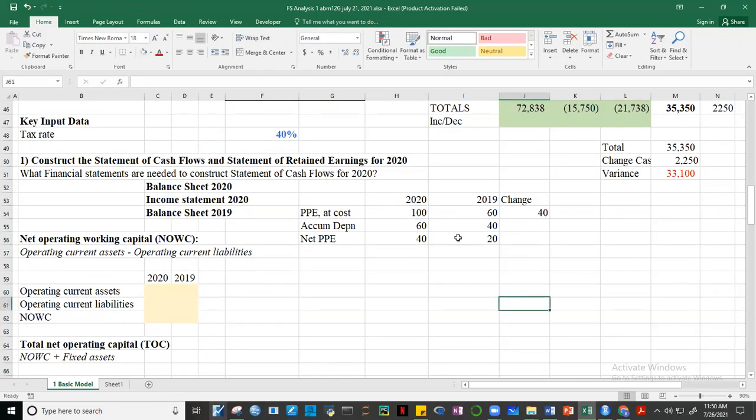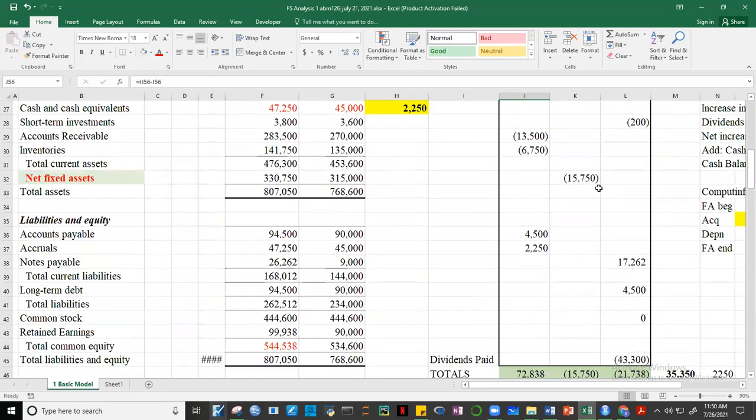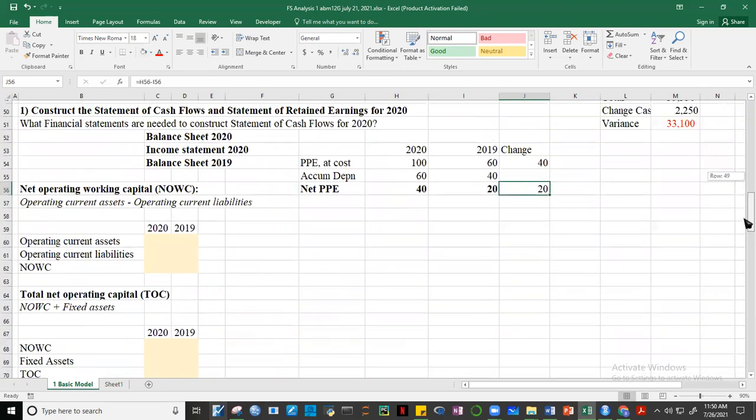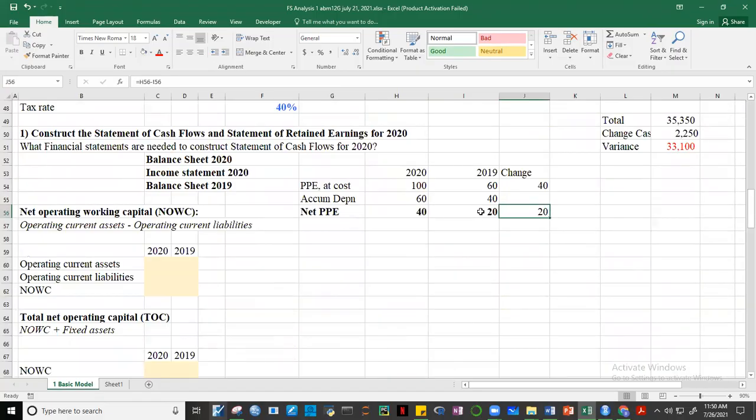And this is 20. All right. Then what we did was to get the difference, no? So ang difference nito, the difference is 20. So ito yung dinideclare natin na nag-invest, yung linagyan natin dito. So it's a use of cash, no? From 20 to 40, ang difference na 20.